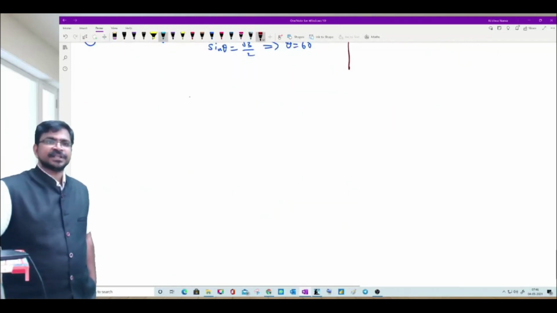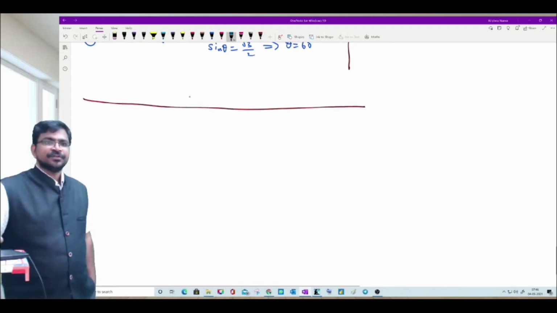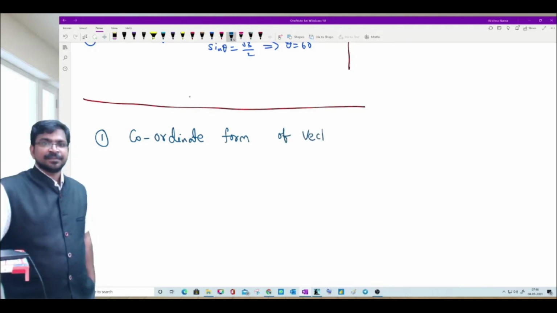Today the summary points are: first, we have discussed the coordinate form of vector representation. Second, we have discussed the rectangular form of representation.